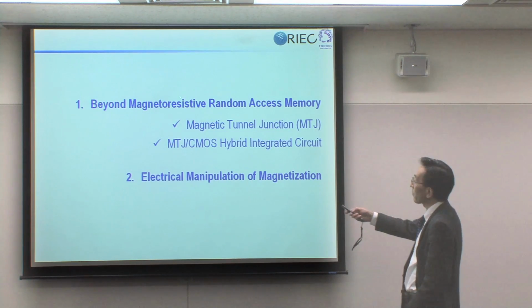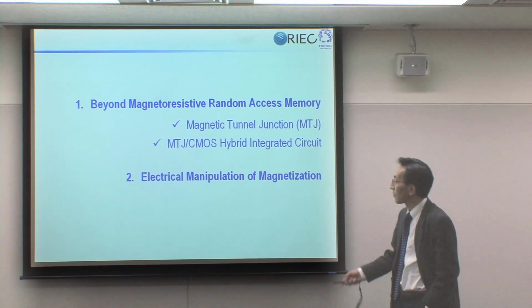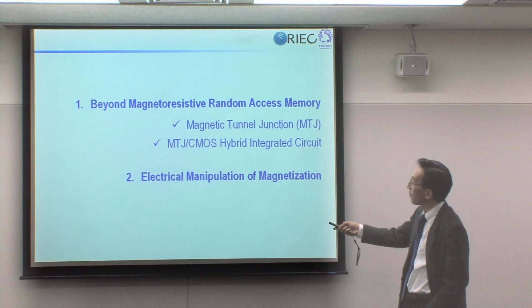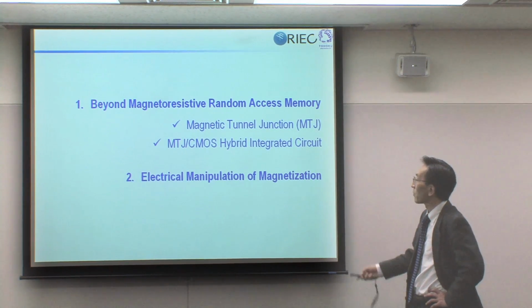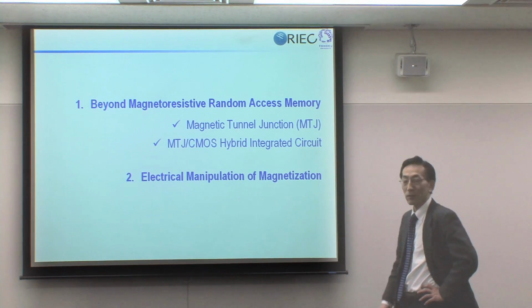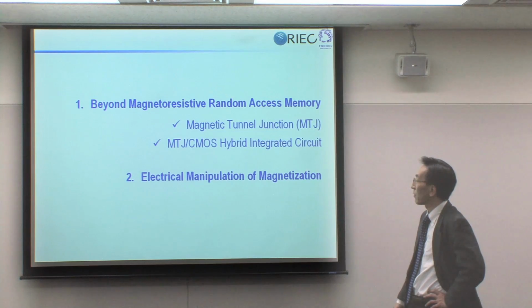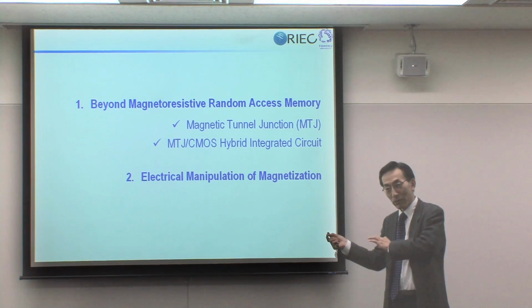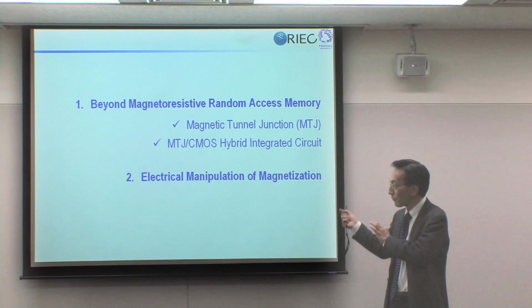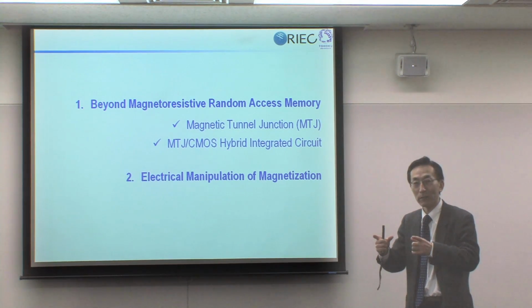So first I would like to discuss about magnetic tunnel junctions. And then I would like to show how we can use those magnetic tunnel junctions to overcome the challenges that we are facing in terms of integrated circuits. Magnetic tunnel junction is an element that I'm going to describe to you in the next slide, but it's a non-volatile element.